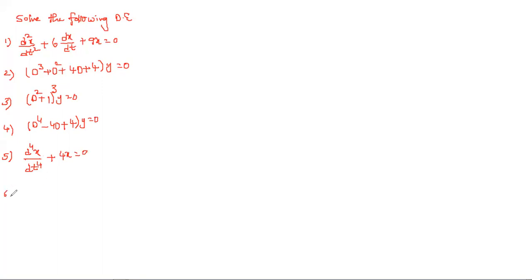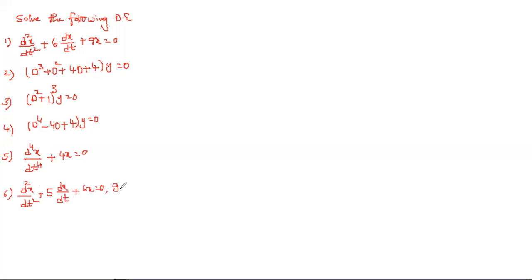And sixth one, d square x by dt square plus 5 into dx by dt plus 6x is equal to 0.